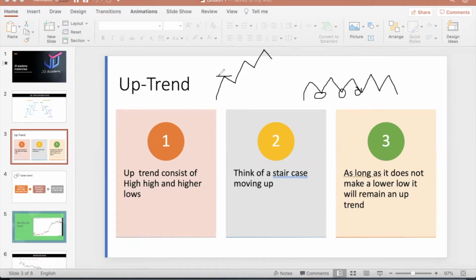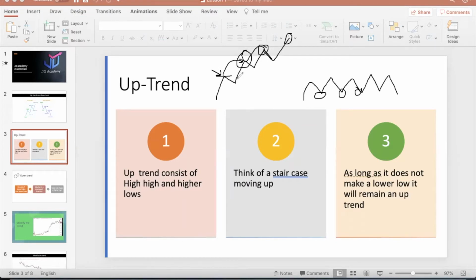If you look at this peak, this high here, and compare it to this high here, you see that this high, the one that I circled, is higher than the previous one. And if I go on and on, same thing. This peak here is higher than the previous one. So the market is just stepping up and the highs are getting higher.